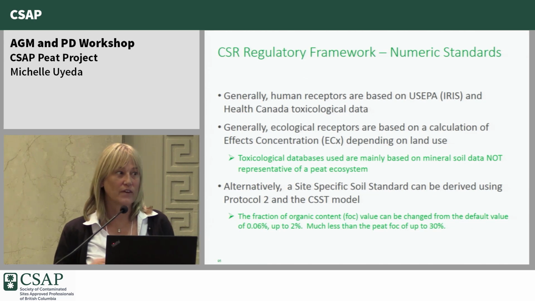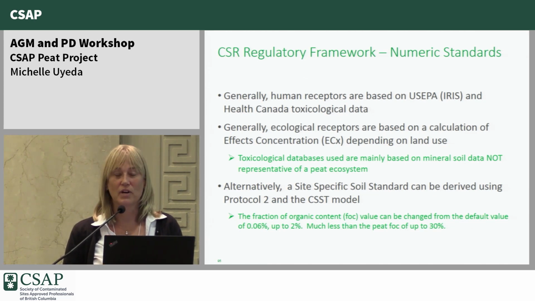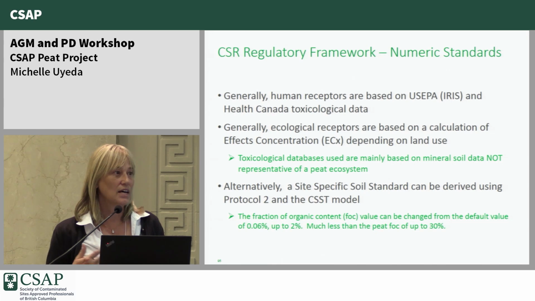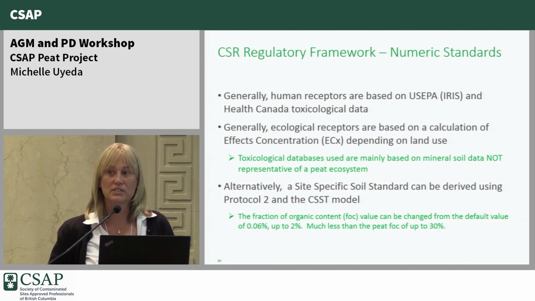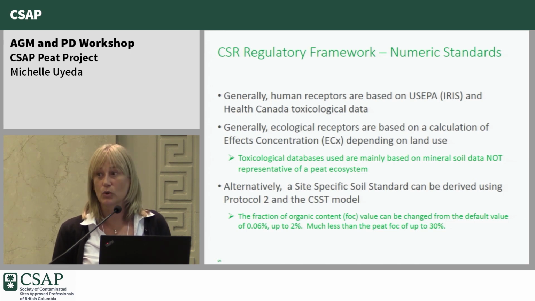If you want to look at the details, we have had many presentations on the omnibus derivation of standards, so you can go back and look at that. But it's all based on tox values, and that's where they want to make our standards tox-based. We also have the site-specific soil standard that you can derive using Protocol 2 and the CSR model.